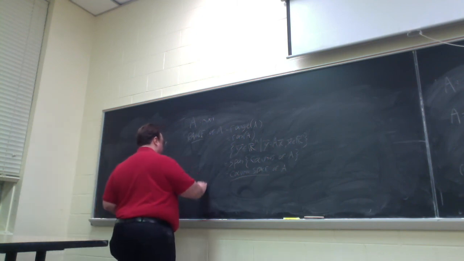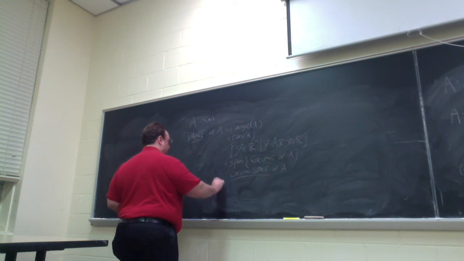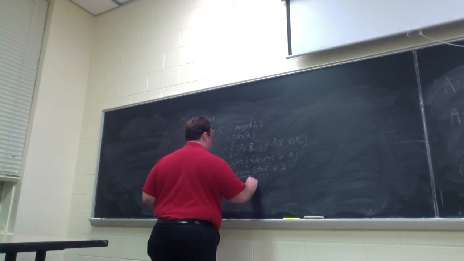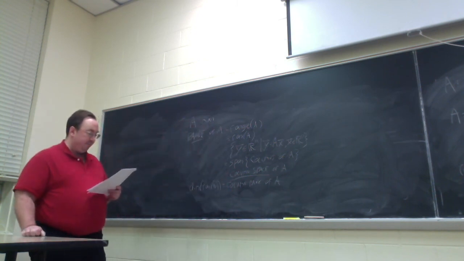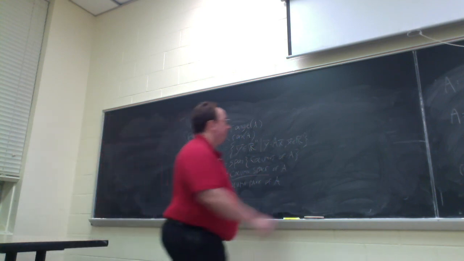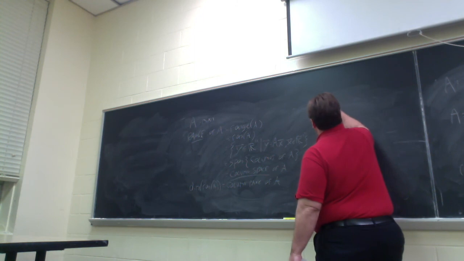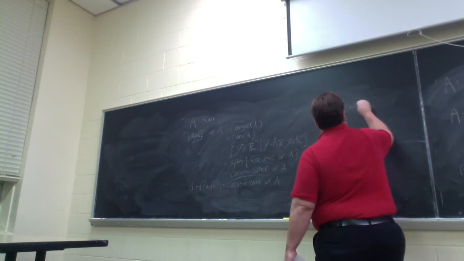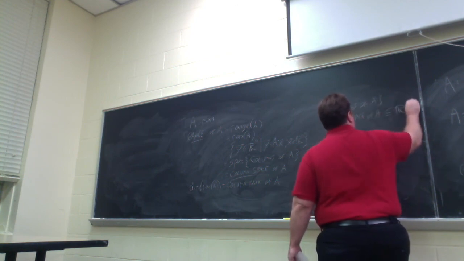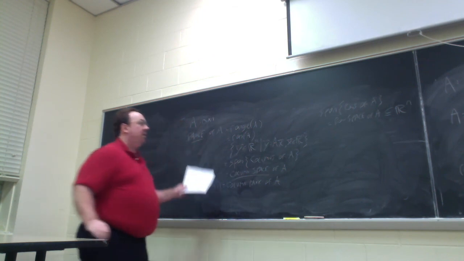So the dimension of the range of A is called the column rank of A. Now, you can also describe a row space of A: the span of all the rows of A, and that is a subset of Rn, whereas the range is a subset of Rm.